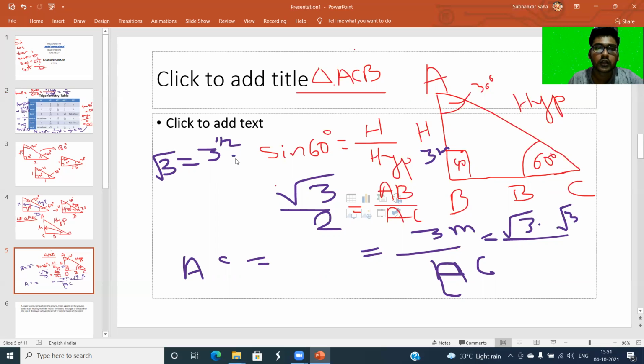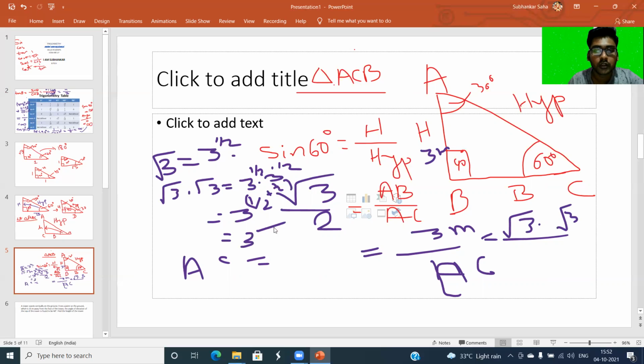Root 3 into root 3 means 3 by half into 3 by half, which is 3 by 2, 1 plus 1, equals 3.